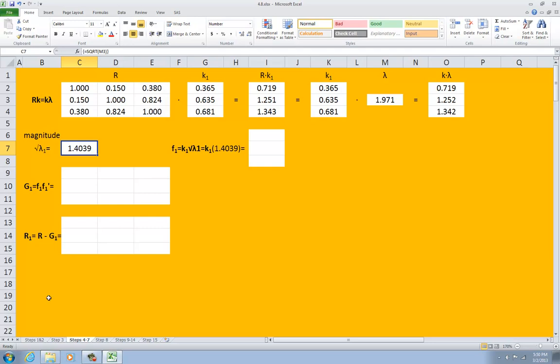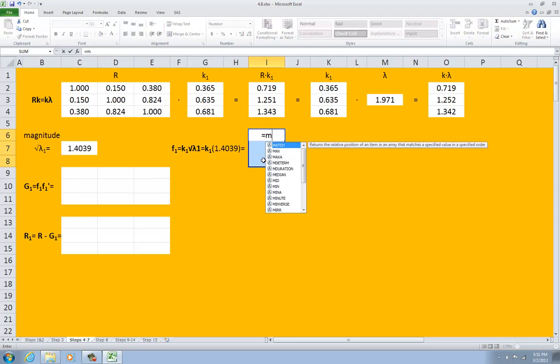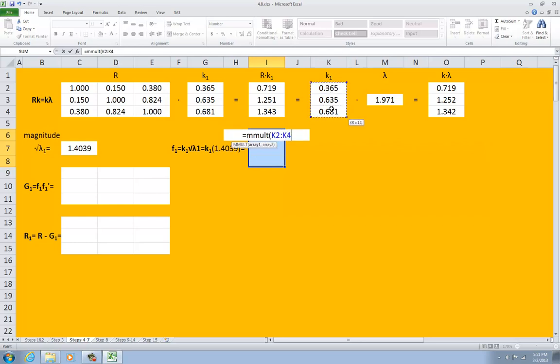Next, the normalized eigenvector k1 is transformed into f sub 1, the vector of factor loadings on factor 1, by multiplying each value in the k1 vector by the desired magnitude, that is, by the square root of the eigenvalue. So we're just normalizing a vector to a particular value, and I wrote the formula here. So we're going to do matrix multiplication, and we're going to take k1 and multiply it by the magnitude, and we get those values. And that will end step 5.